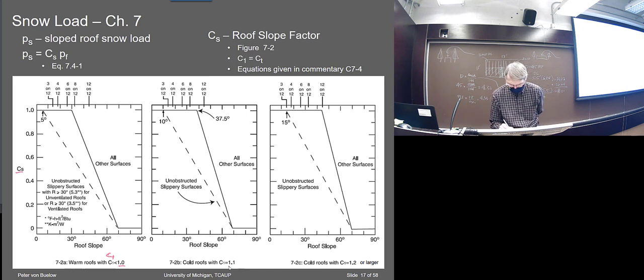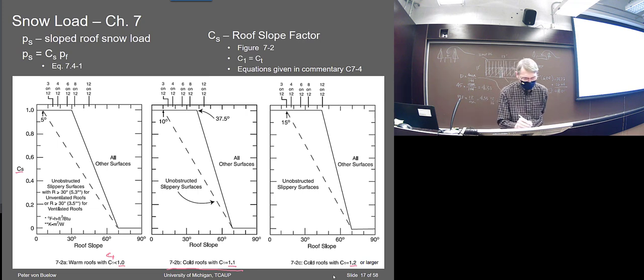Then we had, remember, 1.1 was the normal. This is the one which would be the most common, I guess, for residential, a cold roof. And then super cold roof, 1.2 or larger. They don't have one for greenhouses. I guess you're on your own to figure that out.